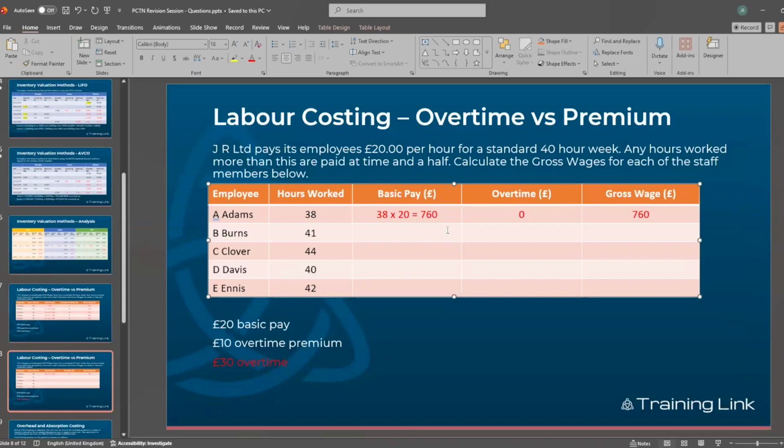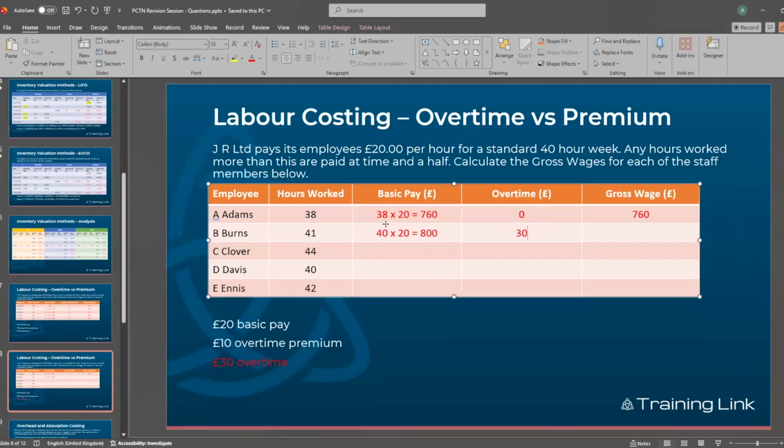Now this time, what we're going to do when we're looking at overtime only is we're only accounting for the standard 40 hours. So we'll do 40 times 20 equals 800. And that's because in this overtime, we're capturing this extra basic pay hour in the overtime column, because we're using the £30 time and a half overtime rate.